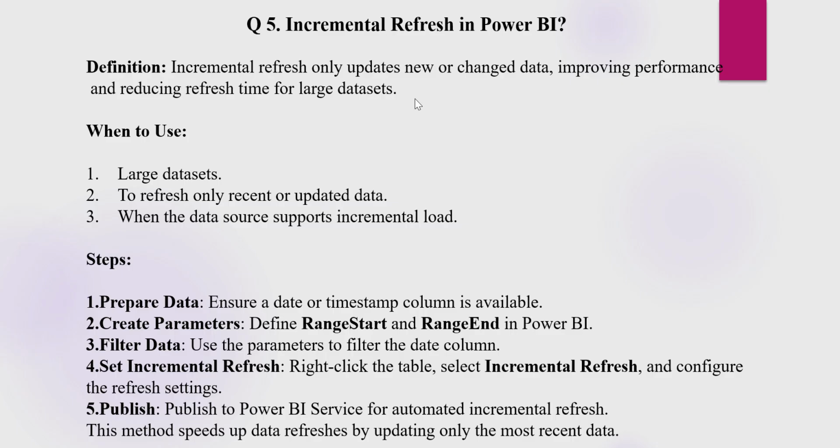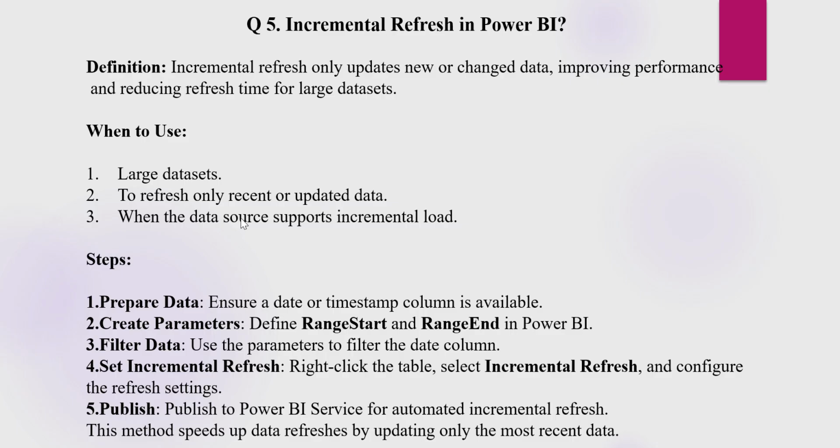Suppose there are a large number of columns and rows in the data set; it will take a very long time to refresh, so that's why the incremental refresh concept came in. When to use it: for large data sets, to refresh only recent or updated data, when the data source supports incremental load.